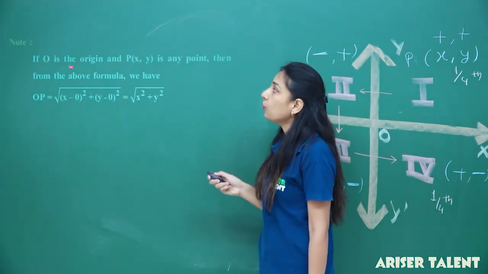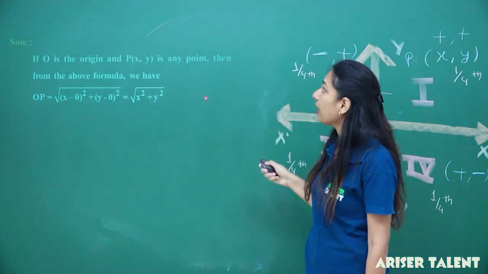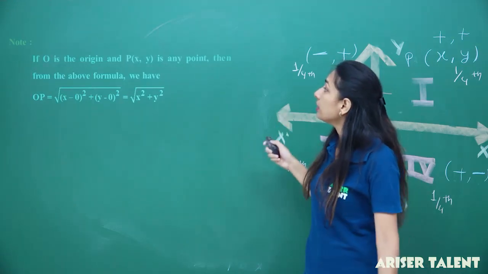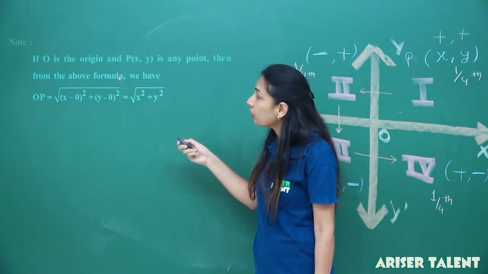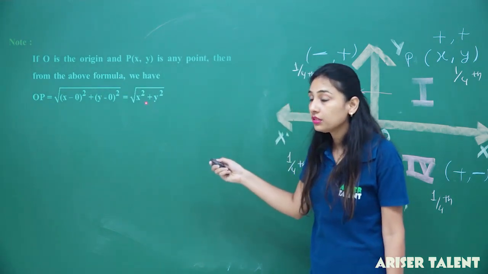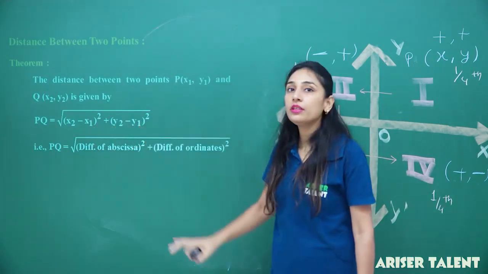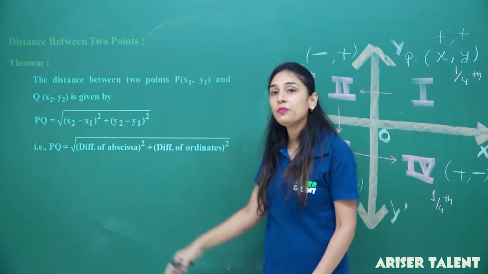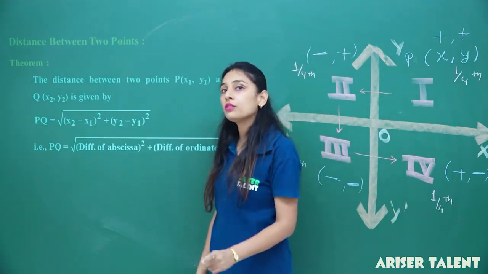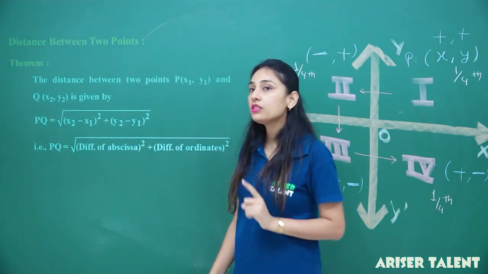Now, if O is the origin and P(x, y) is any point, then from the above formula we have, if O is the origin, the x1 and y1 will become 0, because the coordinates of the origin are always 0, 0.